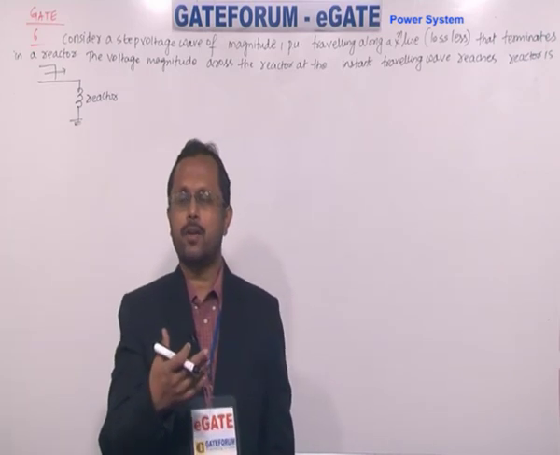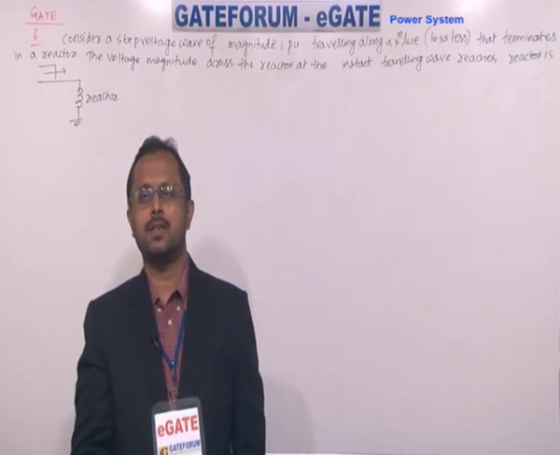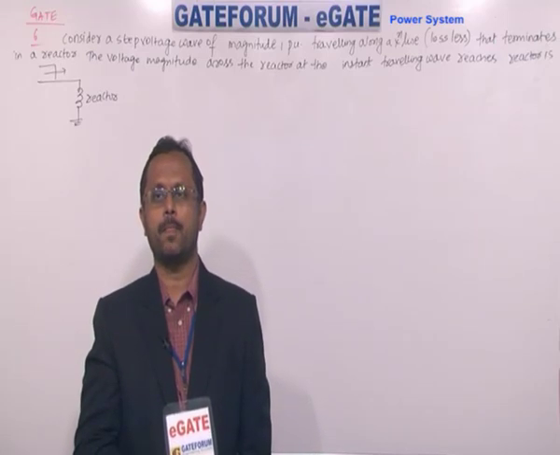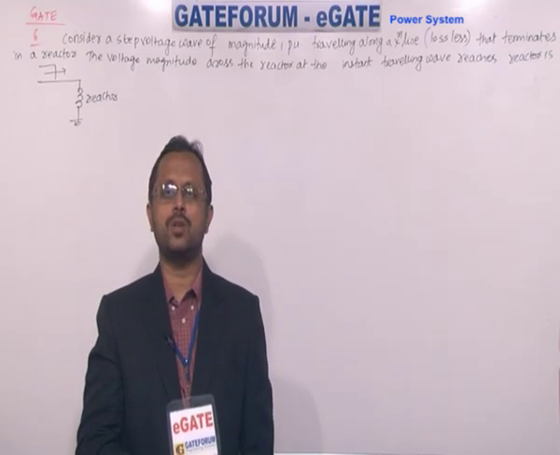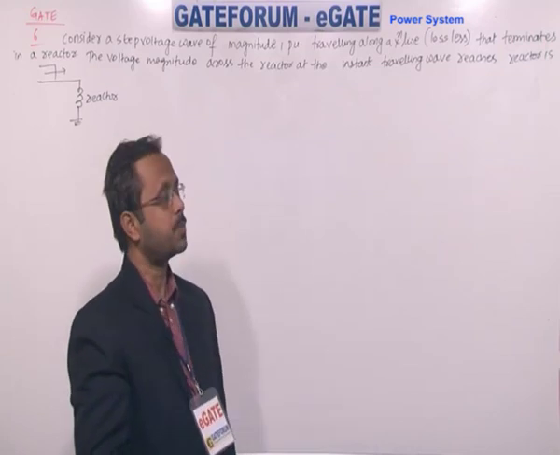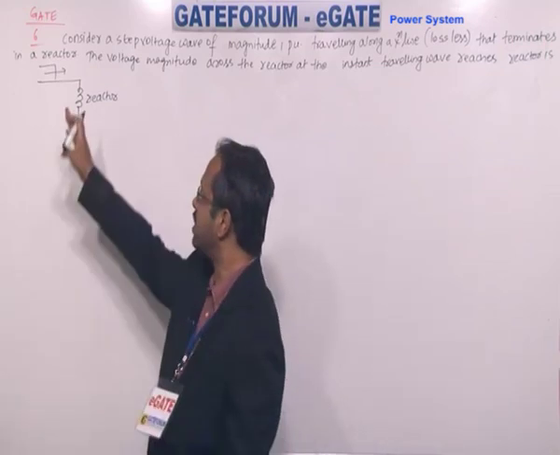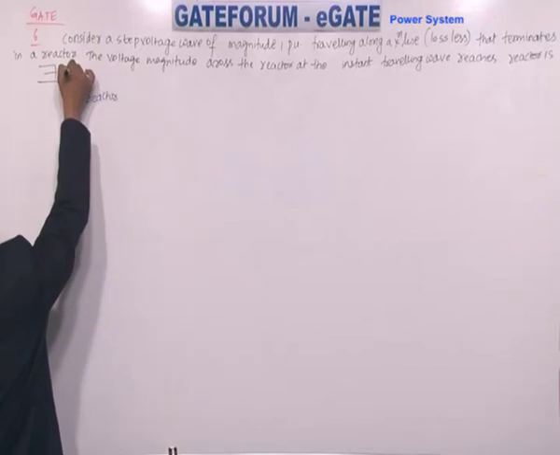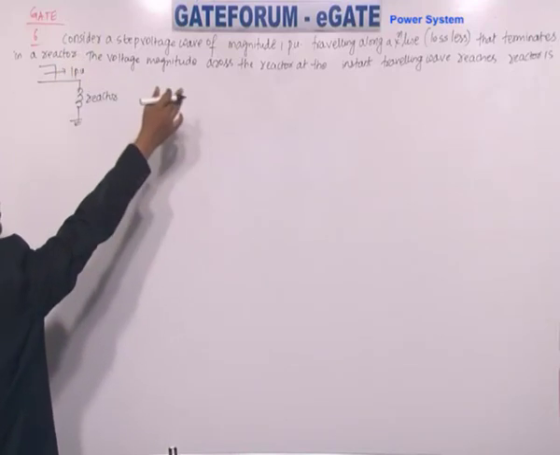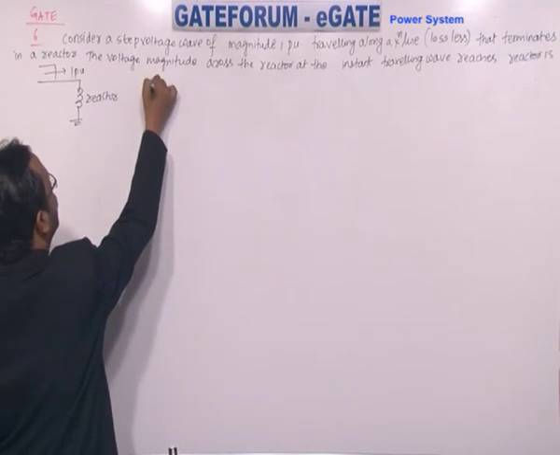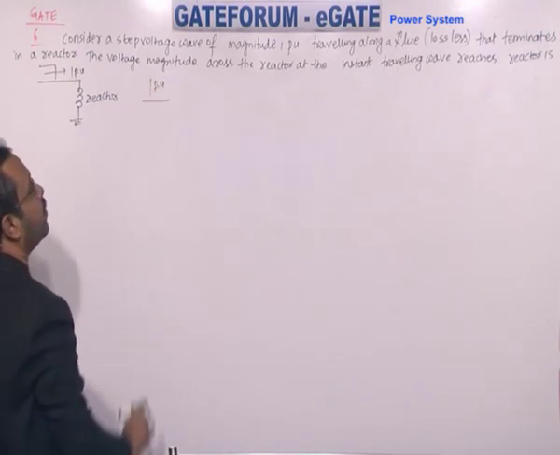The point required to solve this question is reflections do not occur in a lossless line. As reflections do not occur in a lossless line, what will be the transmitted wave? Same as incident wave. How much is that incident wave given? 1 per unit. So what will be the transmitted wave? The transmitted wave is also 1 per unit.